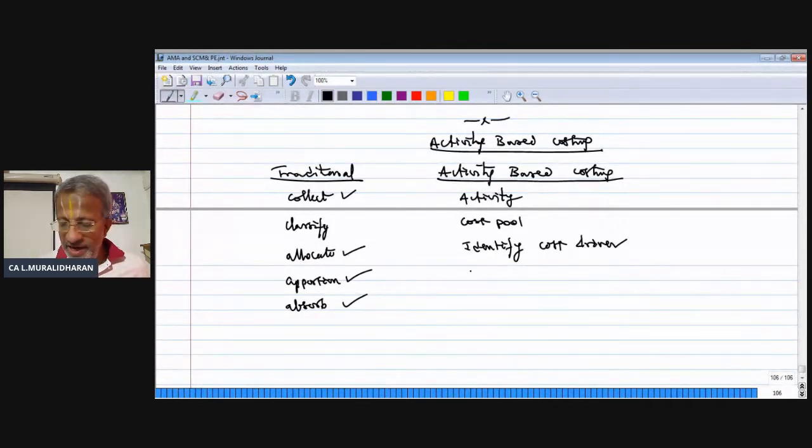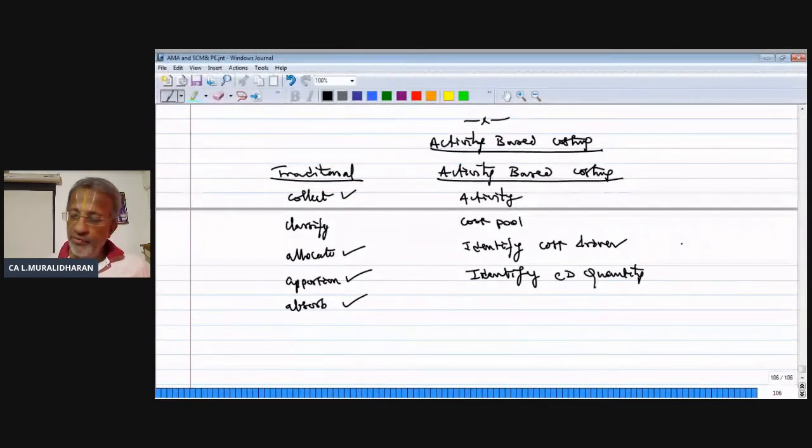Then identify cost driver quantity. So when I say terms, you have to find out what is the total of terms. When you find out the passenger kilometers, here you have to find out the total number of passenger kilometers. Identify cost driver quantity.